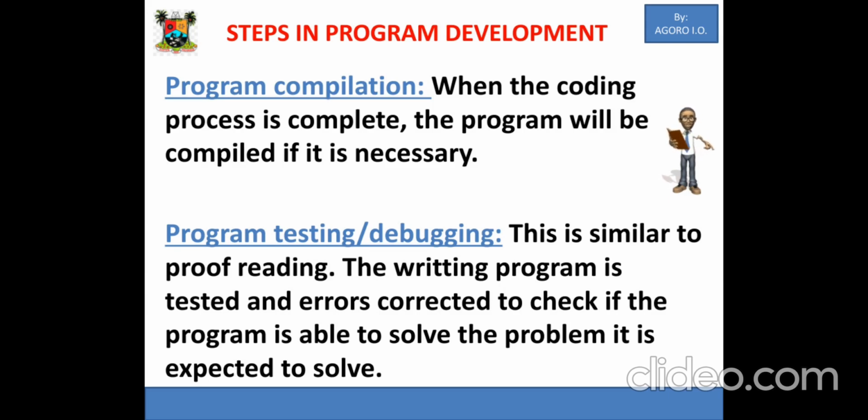For instance, when you write a program to calculate the addition of two numbers, will the program solve that? Will it be able to do the addition of two numbers after writing the code? That is what testing and debugging is talking about.